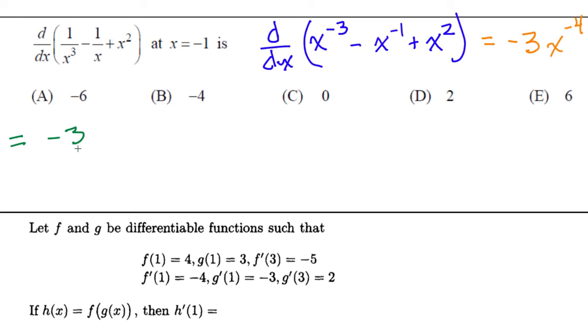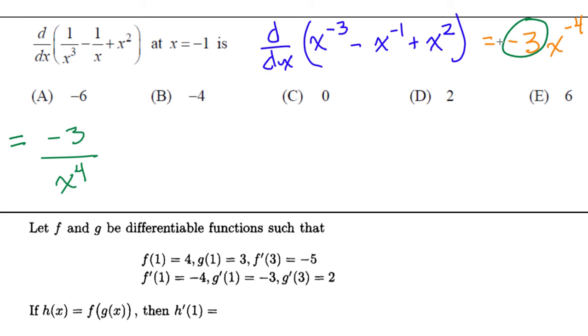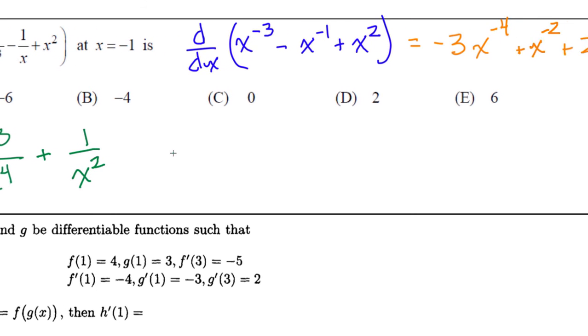Now it's negative 3 over x to the power of positive 4. Everyone see how I got from negative 3x to the negative 4 to negative 3 over x to the power of positive 4? We're all okay with that step? Again, remember that the coefficient stays behind. It's only the variable that moves between the numerator and denominator. Then I'm going to do plus 1 over x squared and plus 2x.